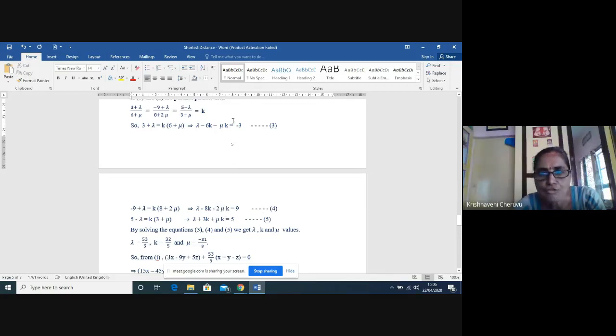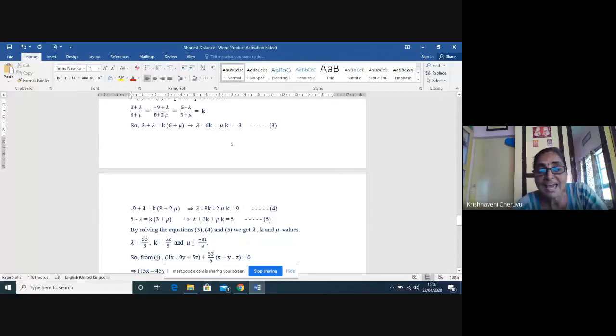Subtracting 4 from 3, again mu k will be eliminated, so that you will get two more equations with only lambda and k. So two equations, two unknowns, you solve, get lambda and k values. After getting lambda and k values, you substitute in equation 1 or 2 or 3 to get the mu value.